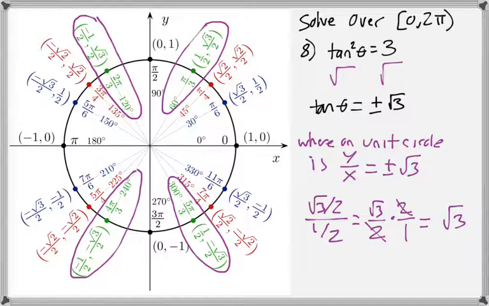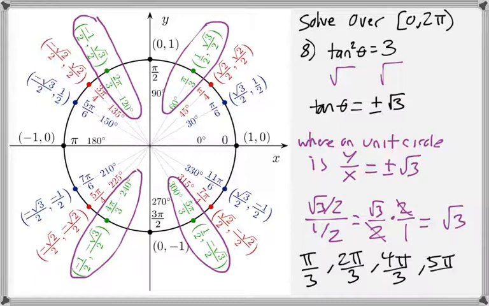So some of these, when you do the division, you'll get a positive square root of 3. Sometimes you'll get a negative, but because we're looking for where it is plus or minus square root of 3, we want all of those. So pi over 3, 2 pi over 3, 4 pi over 3, and 5 pi over 3.